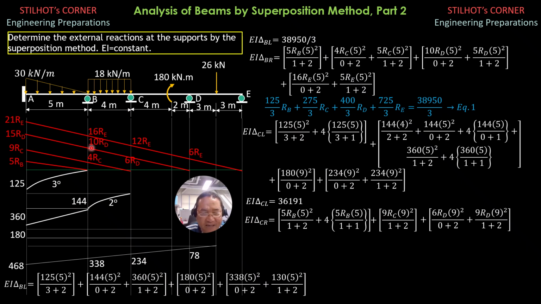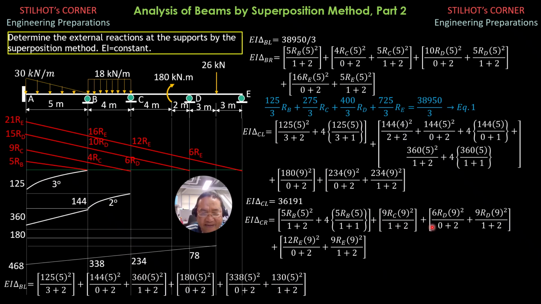So that's for RD. Then for RE, we consider this, we have a couple 12 RE and 21 minus 12 RE is 9 RE. So for the couple, 12 RE, 9 square over 0 plus 2. And for the concentrated load, 9 RE, 9 square over first degree plus 2.